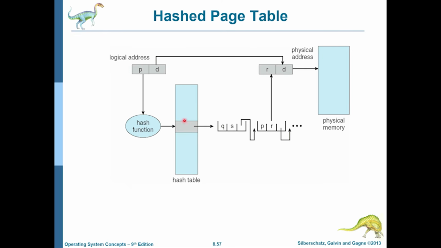So what we can do is, after we look into this hash table and we find these values over here, we go one by one to see which one of them has P, because that is our page number. So this is Q. So we go to the next one in the linked list and we get P. And we know that the frame number here is R. So we patch P by R and the offset remains the same, and we go to the physical address.